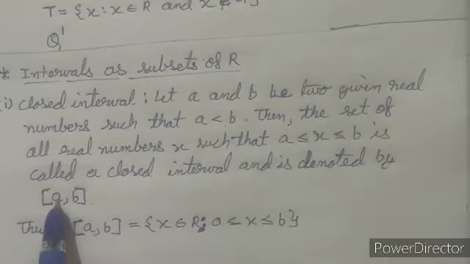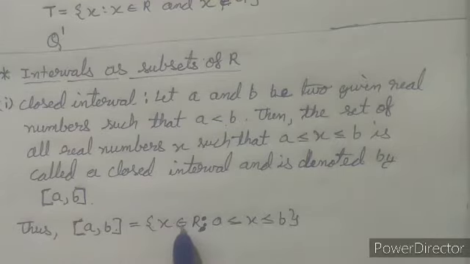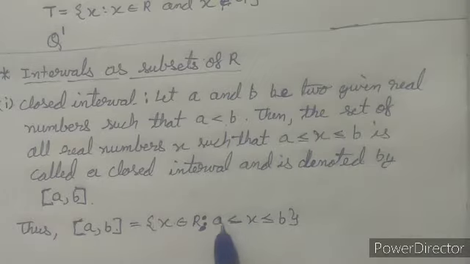Now that means a closed interval [a, b] means x belongs to the real numbers and x is greater than or equal to a and less than or equal to b.